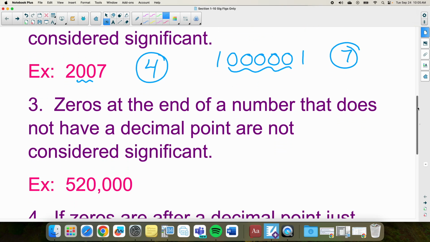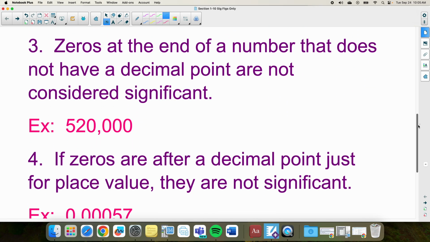Okay? Now, the next rule is, what if you have a large number that has a bunch of zeros that really are there just for placeholders to make this number large? So what happens if we have a situation like that? If you have a really large number where you have a bunch of zeros that are there just to make that number big, we do not count these zeros.